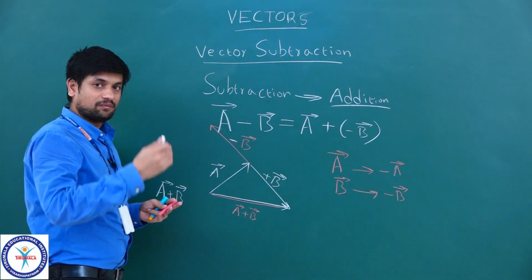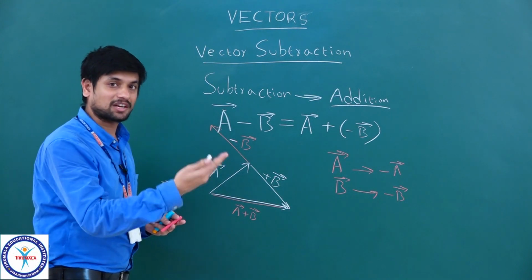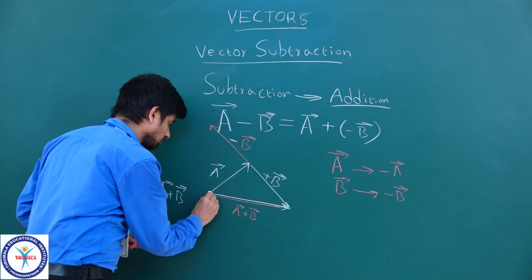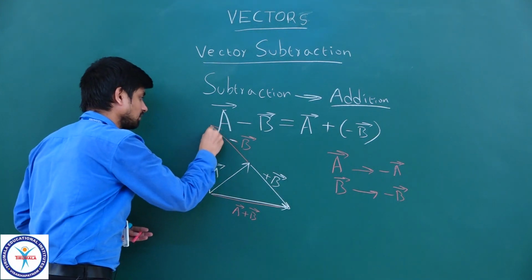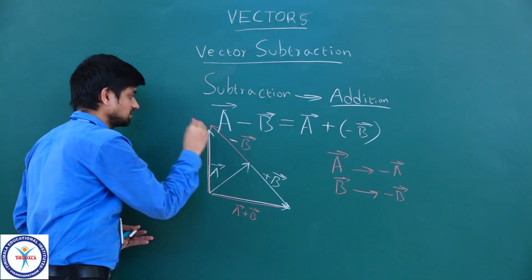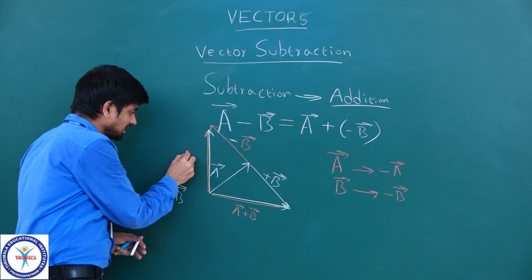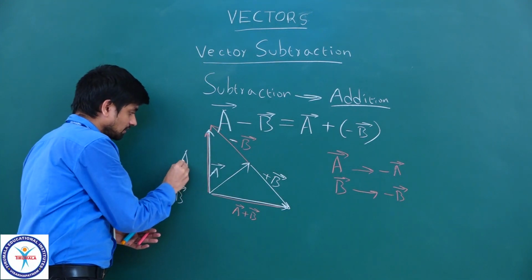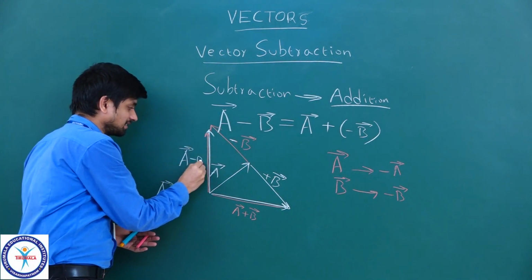How to add? First vector tail to second vector head. Join here, and you will get it in this way. See, children, geometrically, this is A bar minus B bar.